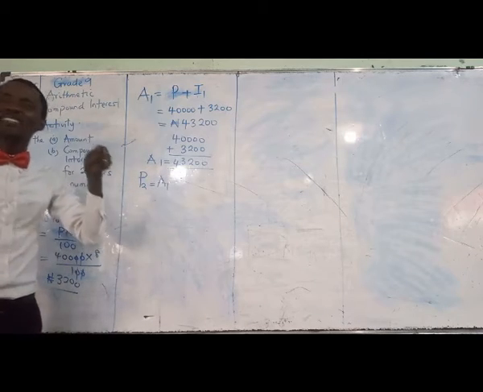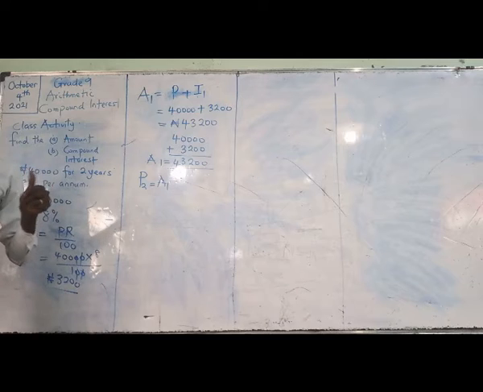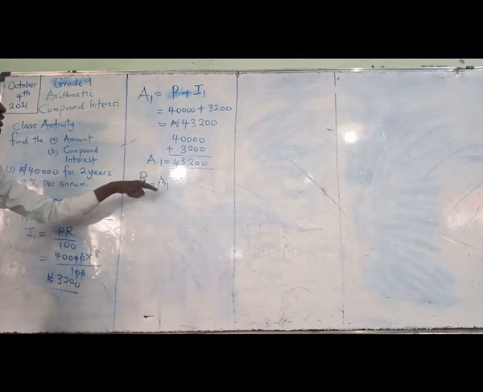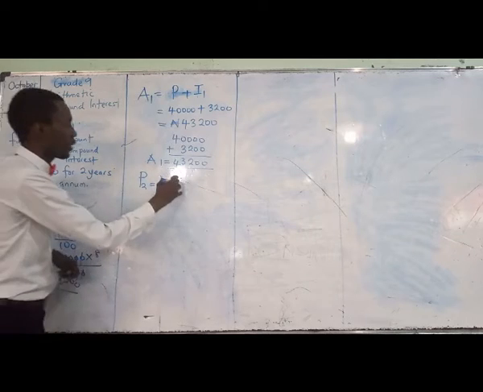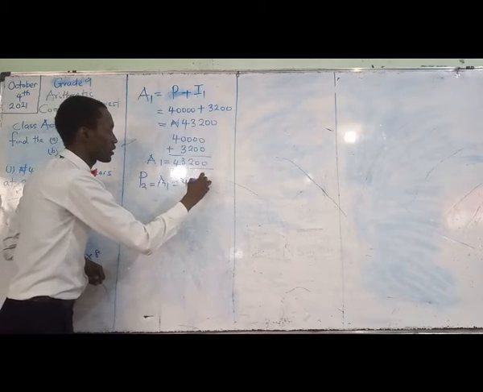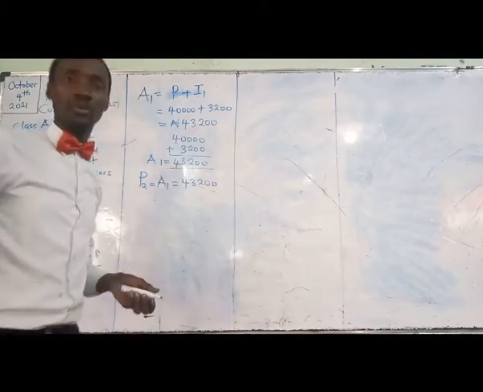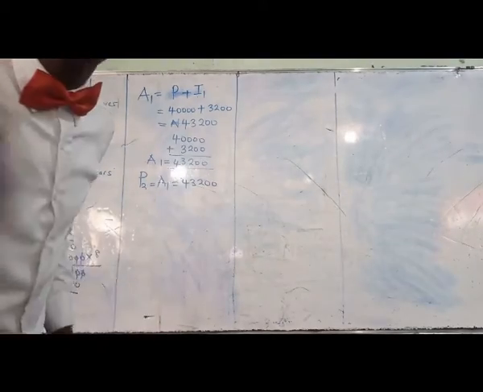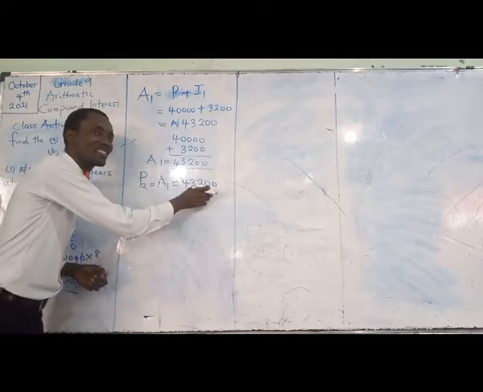The principal for the second year is the amount of the first year. Can we take that? So that will give me 43,200. Alright, so the principal of the second year is the amount of the first year.